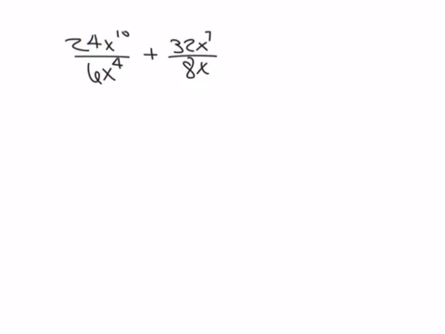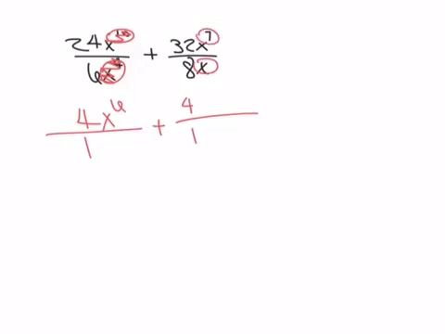So I just divide here. What's 24 divided by 6? 4, 4 over 1. Then I've got 4 here and 10 there, so I'm going to get rid of 4 of those and I'm left with 6 on top. 32 divided by 8 is 4 over 1. I've got 1x here and 7 there, so I get rid of 1 there and there, which leaves me with 6 there.